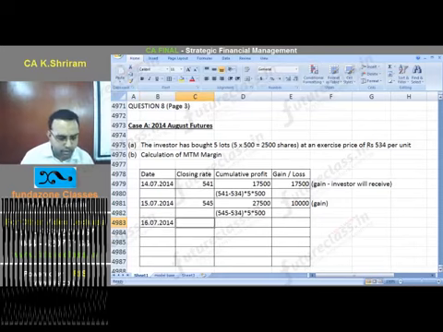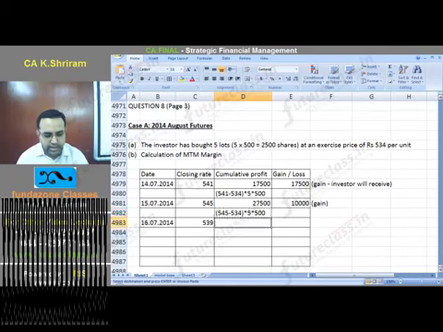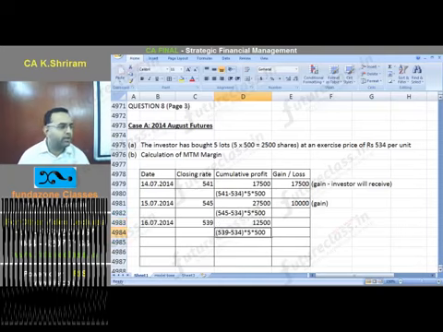July 16th, 2014. What is the rate? 539. Now, what is the total money he has made in the last 3 days? It's 539 minus 534, correct? Which is 12,500.